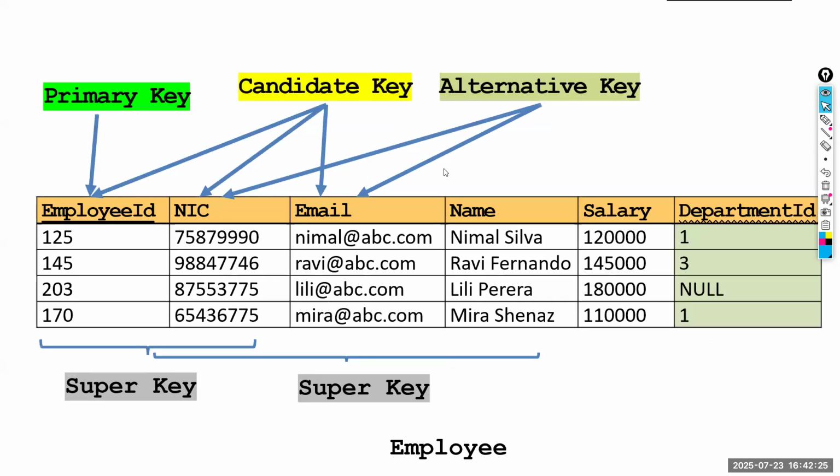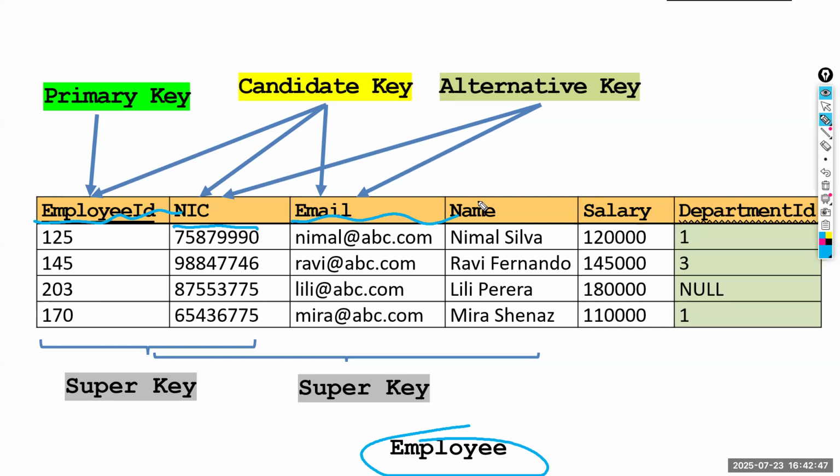Okay. So this is an example. Say this employee table. Say this is a candidate key, employee ID, a unique identifier of the record. This is another candidate key. It looks like this is another candidate key.